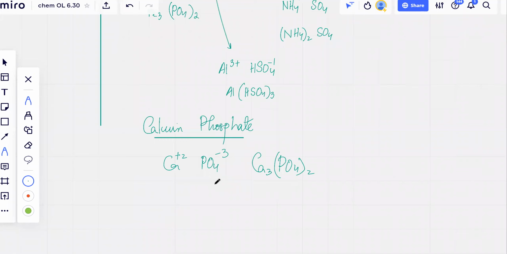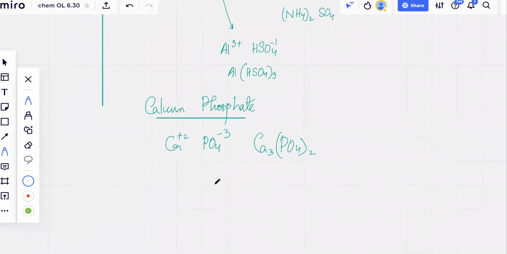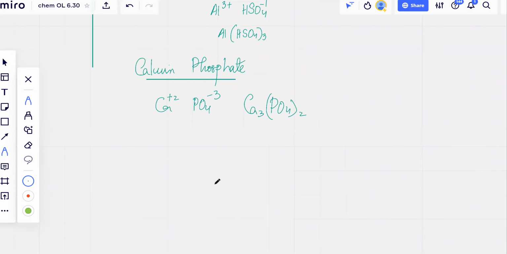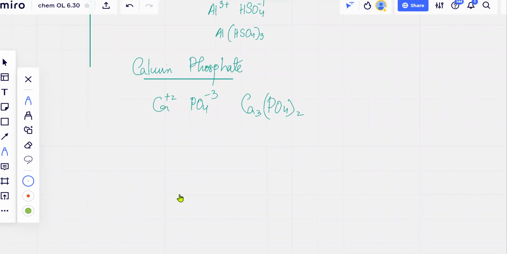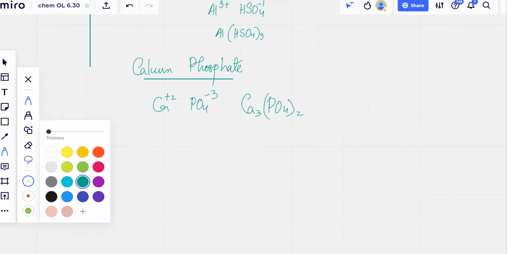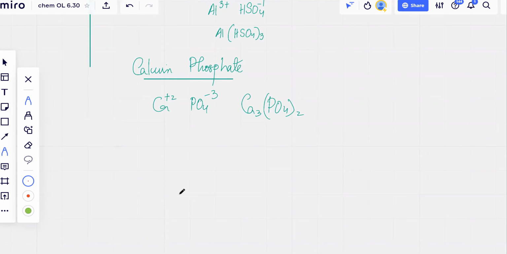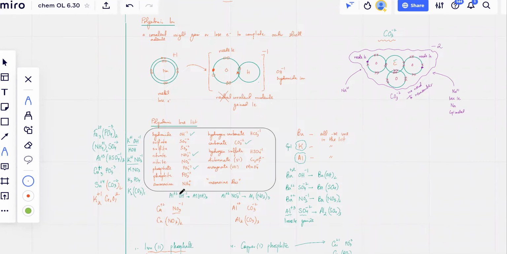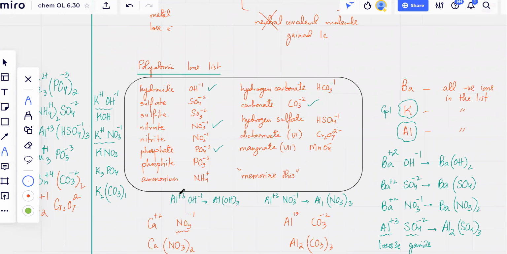So try, and I've sent you the board link. Remember, this is extremely important. If I've sent you the board link, try, and this is like a small test. I'll send you the snapshot of the polyatomic ions.